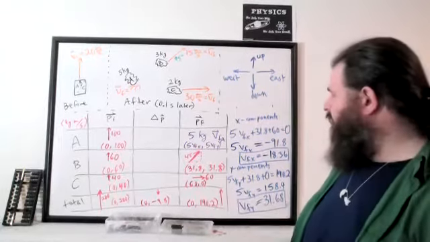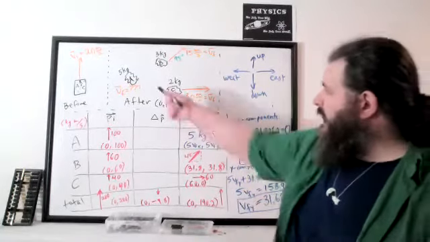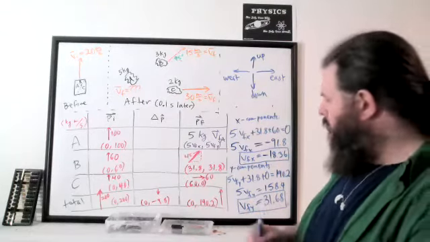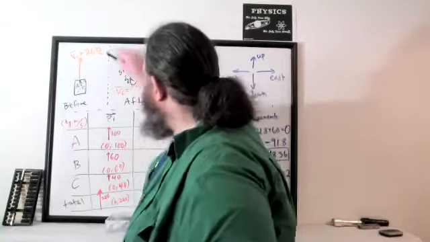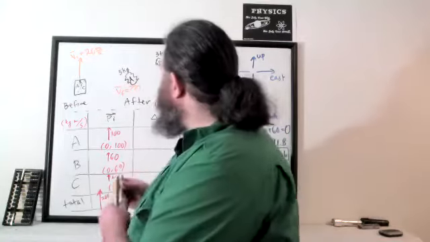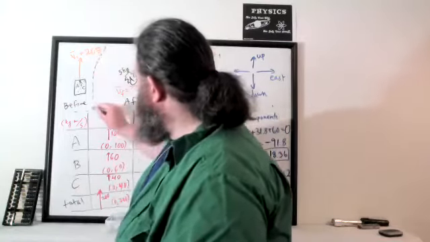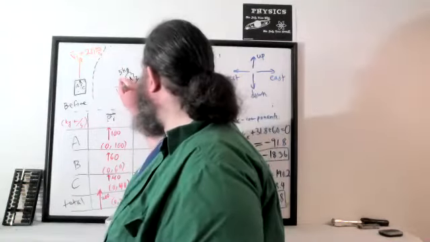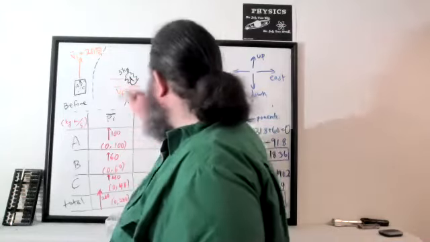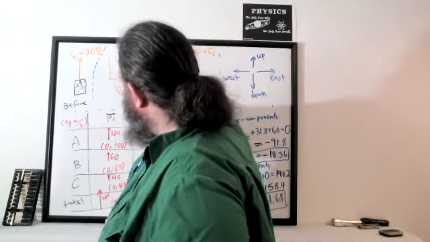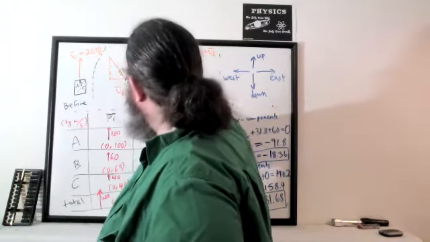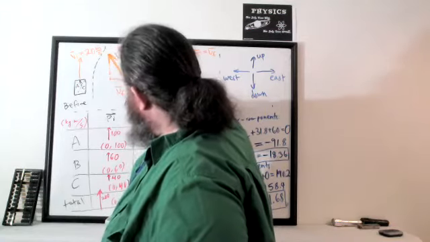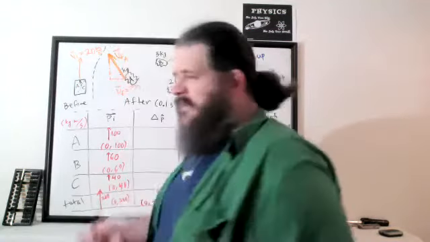So that now tells us the final velocity of object A. We now know it's got a negative x component, a positive y component. So let's fill that in. We've got negative 18.36, positive 31.68. So it should be something like that.